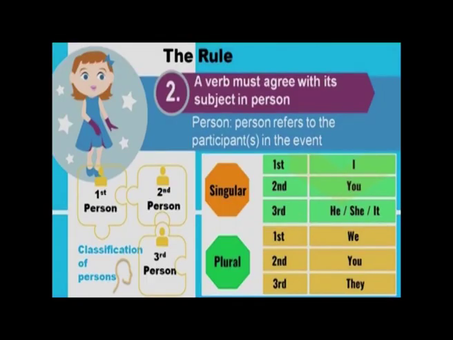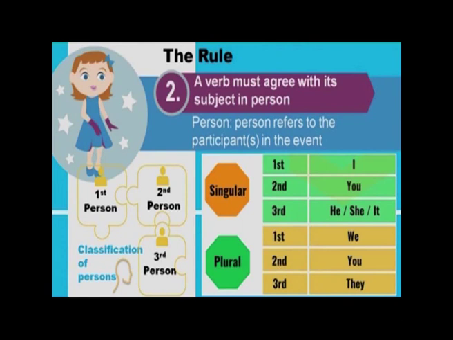Further, each person has a singular form as well as a plural form. In first person, singular is I, just one. Plural, we. It includes everyone. In second person, singular form is you, one.